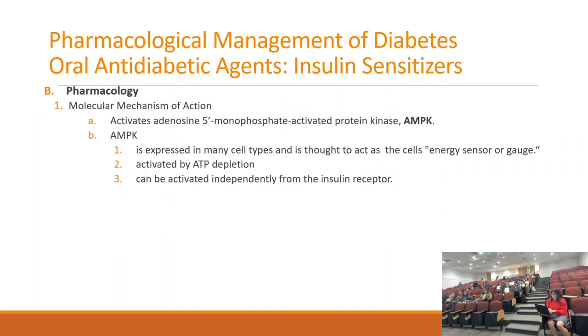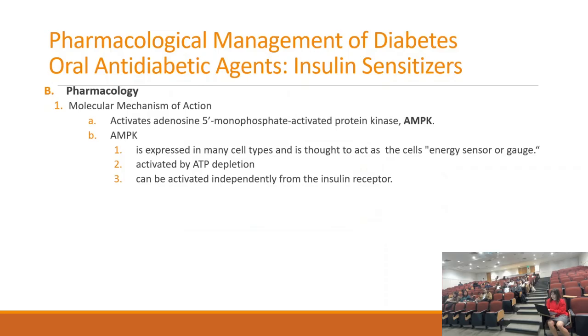Okay, and Dr. Folt's going to tell you this is a very commonly used drug, very effective, and it has a very unique mechanism of action as compared to some of the other drugs that we're going to talk about. So when we look at this drug's effect at a molecular cellular level, what is its protein target?